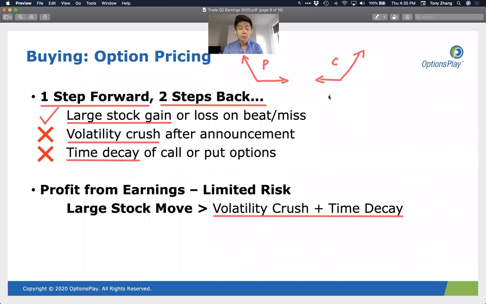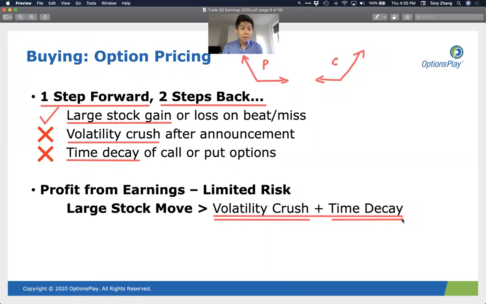So if you buy a call option and the stock rockets higher, then the amount that you gain from that large move has to overcome what you've lost to volatility crush and to time decay. So you have two things working against you, one thing potentially working in your favor.